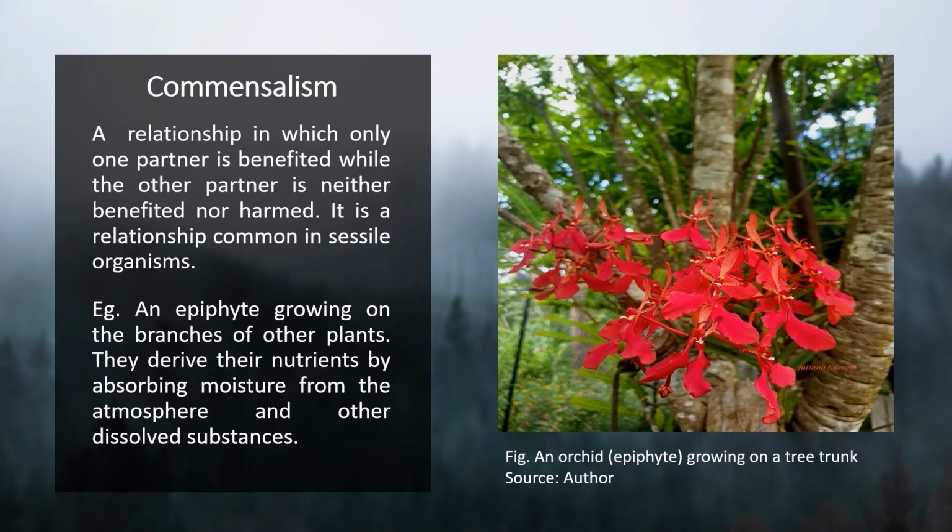In this particular photograph, the epiphyte grows on the branches of other plants. The orchid derives its nutrients by absorbing moisture from the atmosphere and other dissolved substances, while the tree trunk is neither harmed nor benefited.